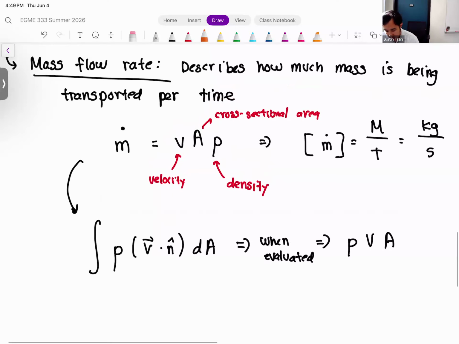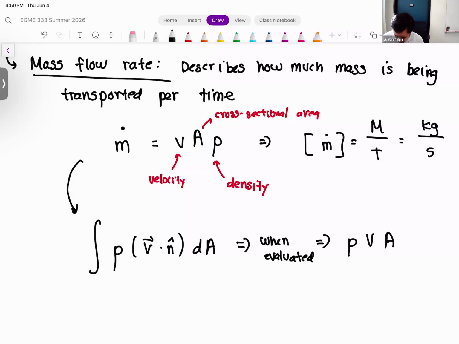So when you're doing these problems, sometimes the problem will give you an inlet mass flow rate or an outlet mass flow rate. Don't be tripped up by that terminology. Essentially, they're giving you the amount of inflow that you can plug into Reynolds transport theorem.